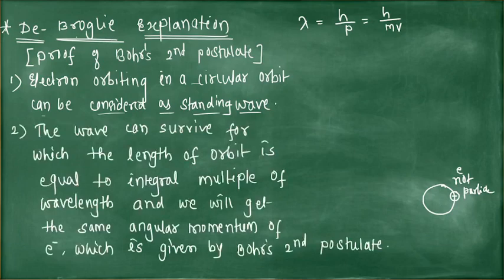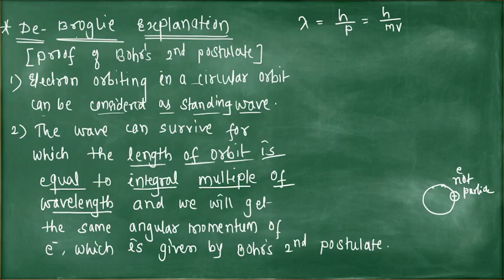The second point: the wave can survive for which length of orbit is equal to integral multiple of wavelength. This is the de Broglie wavelength. And we will get the same angular momentum of electron which is given by Bohr's second postulate. What is the meaning of this explanation?